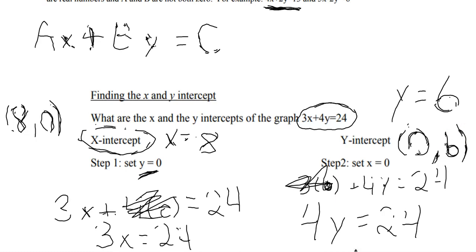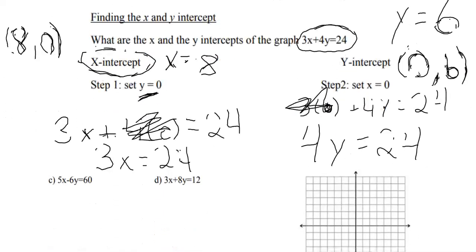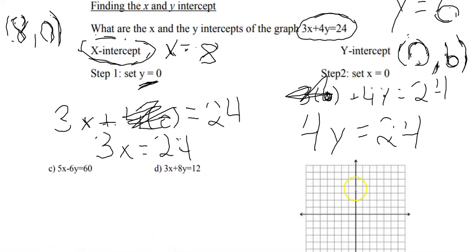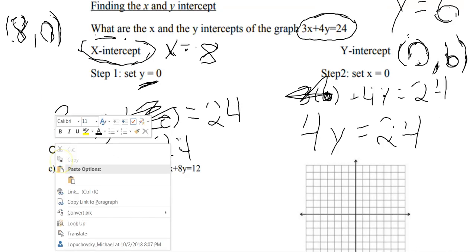And we're going to do that. I'll show you a couple examples of exactly what that looks like right here. In my first example, I have 5x minus 6y equals 60.